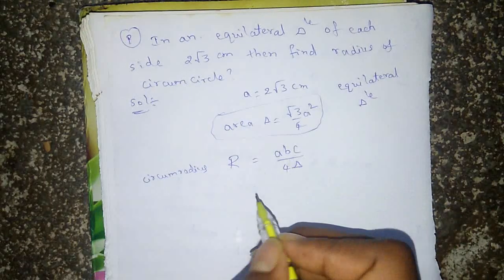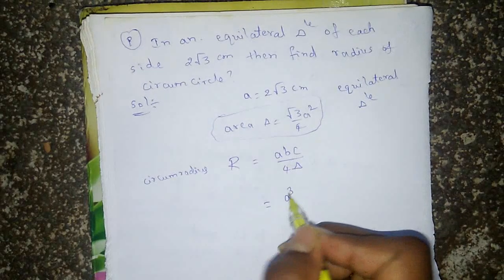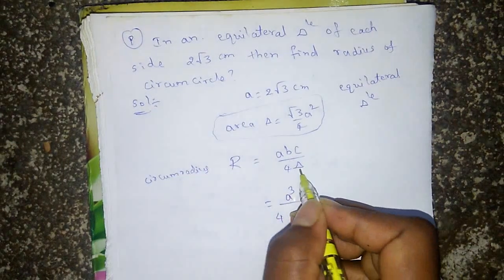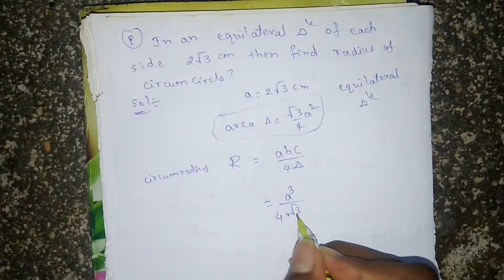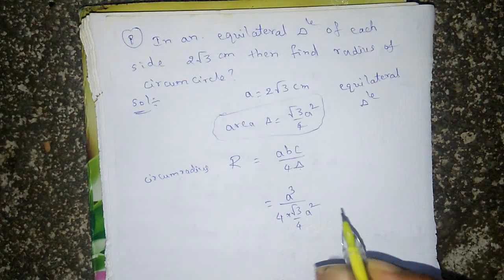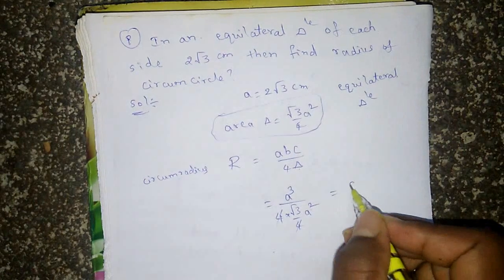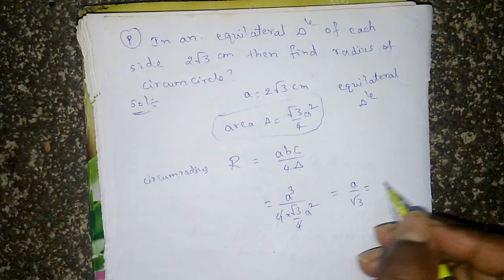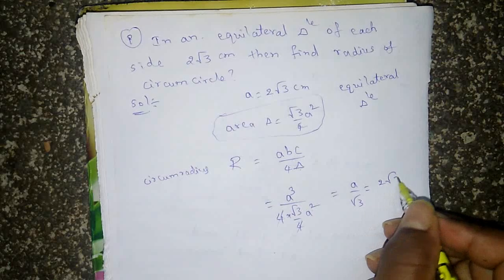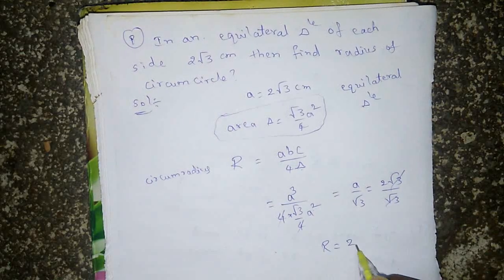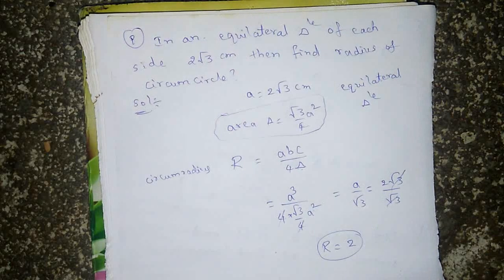So here all three sides are equal, therefore this will be a cube, a into a by 4 into, now area is root 3 by 4 a square. Here 4 gets cancelled, a square gets cancelled, that is equal to a by root 3. a is given as 2 root 3, so 2 root 3 by root 3. This root 3 gets cancelled, therefore circumradius is equal to 2.